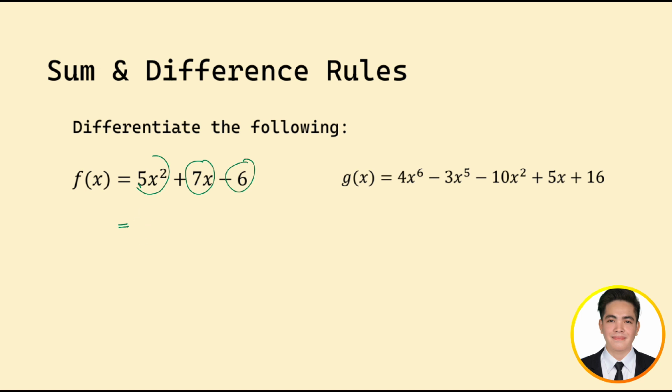This is 5 times 2 x 2 minus 1, plus we bring down 1, the imaginary 1. So 7 times 1, 1 minus 1. That's it. So the derivative of a constant is 0. So according kanina sa constant rule, the derivative of a constant is 0.